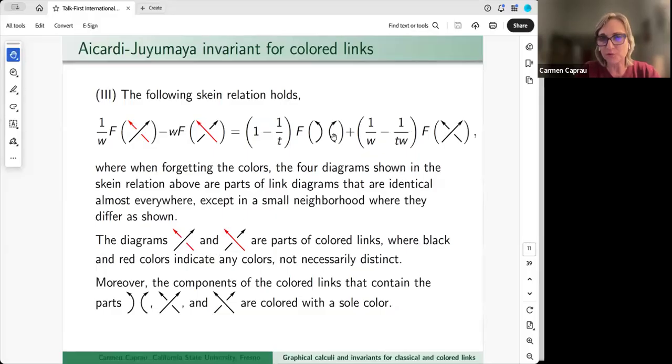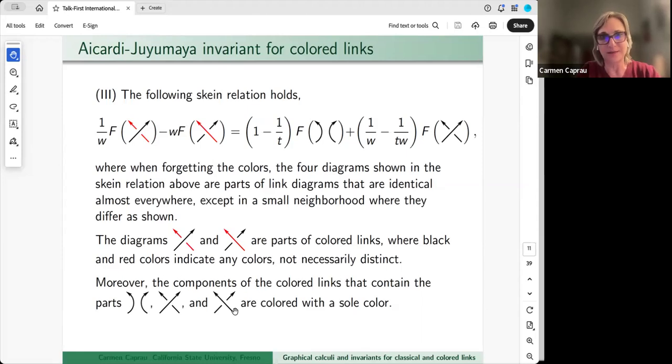But on the right-hand side, when we use the same color, and to make it easy for us, black, that tells us that these diagrams are parts of larger diagrams that are colored with the same color. The color per se, whether it's black or red or blue, does not matter.